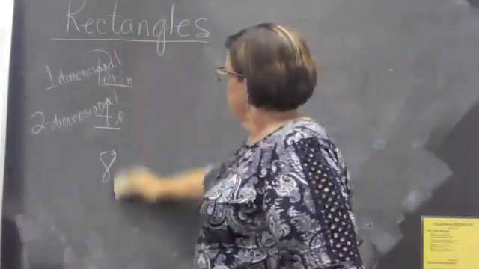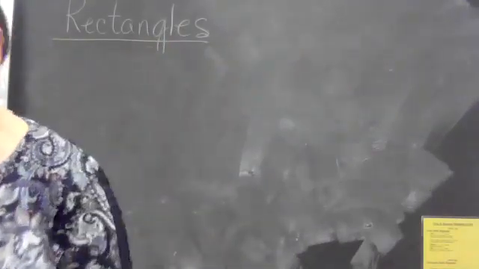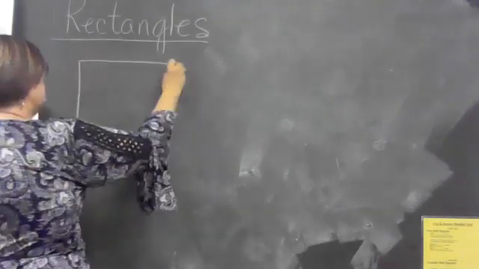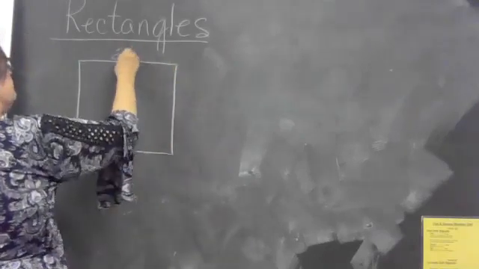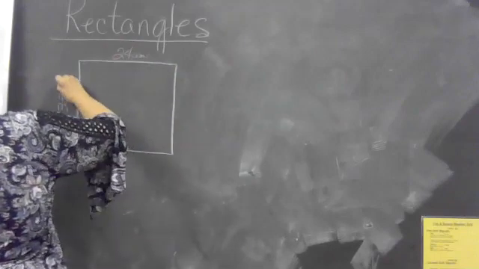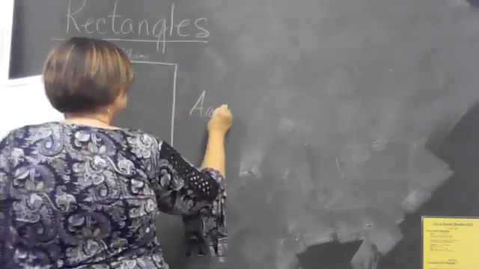Now, let's do a couple of beginning problems right here off your worksheet. The first one has a rectangle, and up at the top, it says 24 inches and 33 inches. And it asks you what the area of this rectangle is.